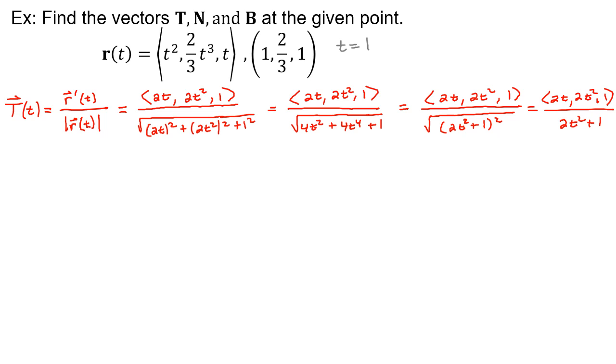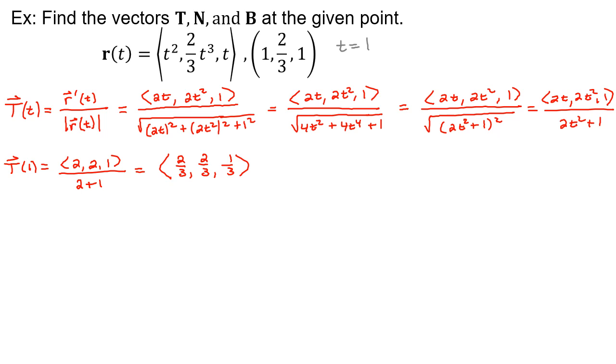Now in this case, since t is 1, you can go ahead and plug that in. And so T of 1 would be 2, 2, 1 divided by 2 times 1 squared is 2, plus 1, which is 3. So I'll get the vector 2/3, 2/3, 1/3.